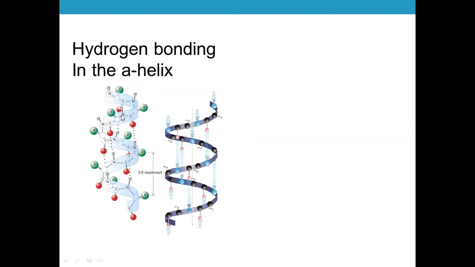So you have your 1, 2, 3, fourth amino acid. So you have the hydrogen bond, and this hydrogen bond in the alpha helix stabilizes the helix structure. There is this kind of rotation here. You can rotate the NC bond.